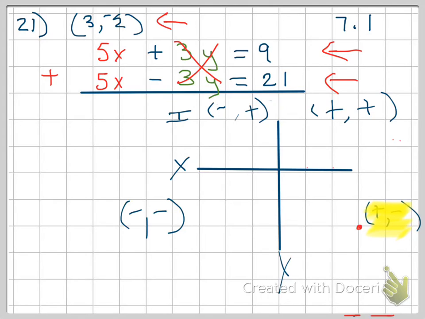We don't know exactly, but just hypothetically, we might have one like this, and we might have one like this. But we know that the coordinate, if this is true, what we have found will be where they meet at 3 and negative 2.